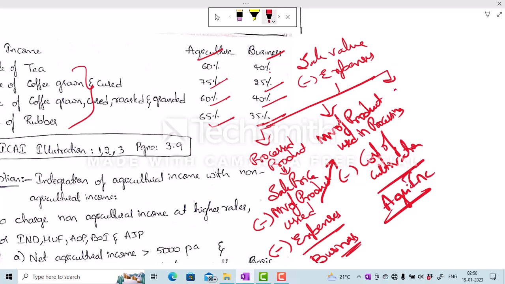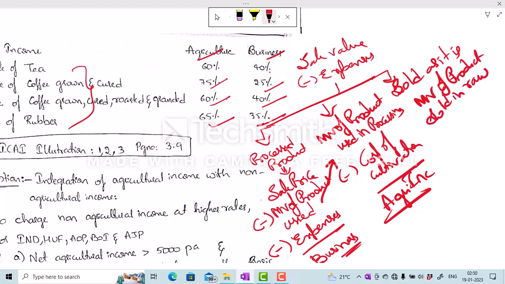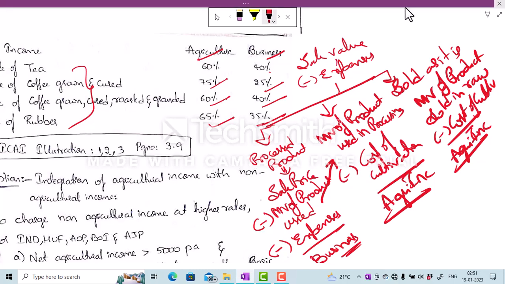And the third one is sold as it is: the market value of product sold in raw form minus cost of cultivation. It will also be agriculture income. So we need to calculate three things: processed product income, product used in processing, and product sold in raw form.